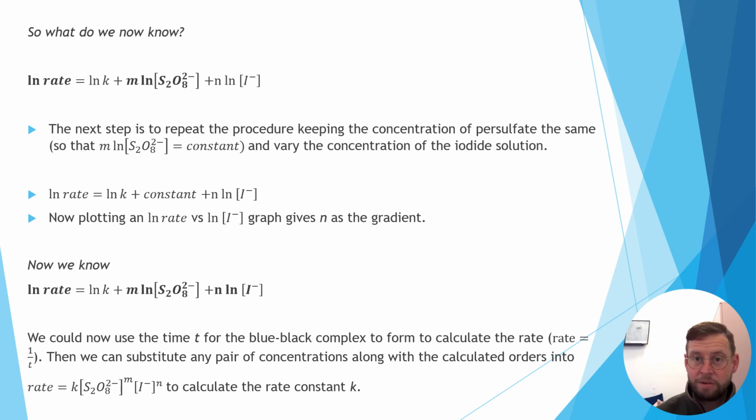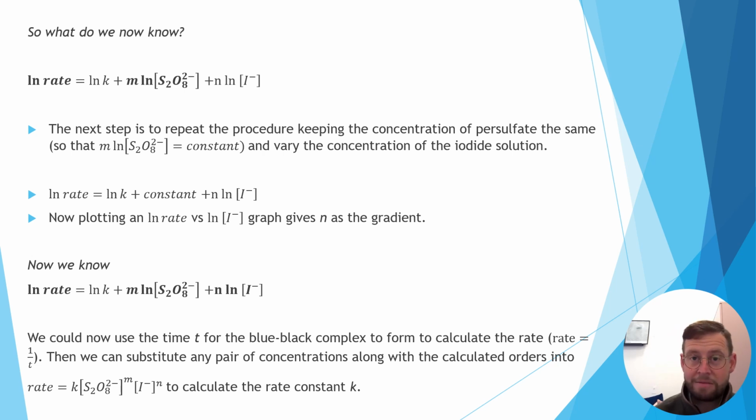And we don't know what the rate constant is for this reaction. So there are still 2 more pieces of information that we're trying to get. Now what we can do is the same process again, but this time we're going to freeze the concentration of persulfate and change the concentration of the iodide. This enables us to investigate the relationship between the rate of reaction and the concentration of the iodide.